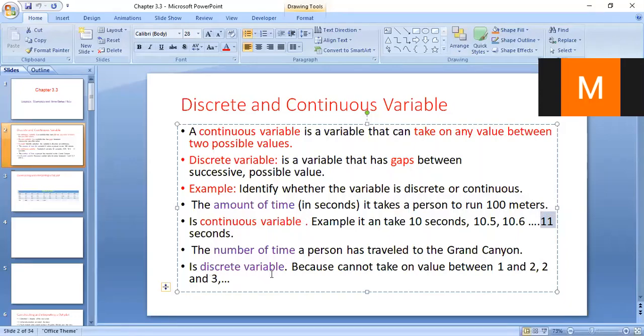With a discrete variable, you cannot take a value between 1 and 2 or 2 and 3. You cannot have 1.5, 1.2, 2.5, or 2.7. That is a discrete variable. This is the difference between continuous variable and discrete variable.